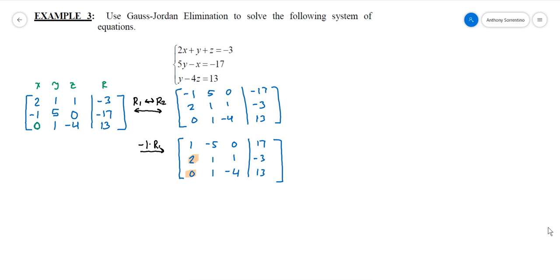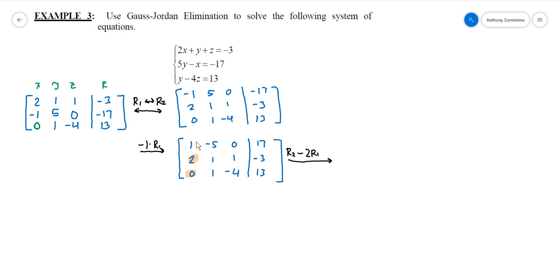So all I really need to do is make a change to turn the second row into an equation that has 0 as its X term as well. So I'm going to take row 2 and subtract away 2 times row 1, because 2 minus 2 times 1 is going to give me that 0 I need there.